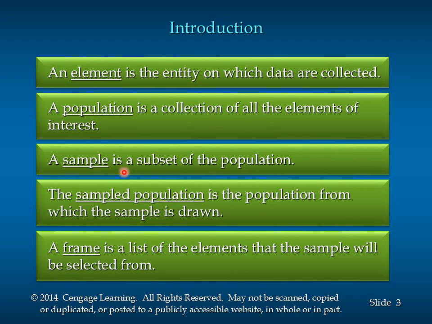Okay. And it's always a subset of the population. And in some respects, as they say here, it's a frame. But really what you're doing is saying, here are the parameters that I establish around this population, and then I always choose from that population.